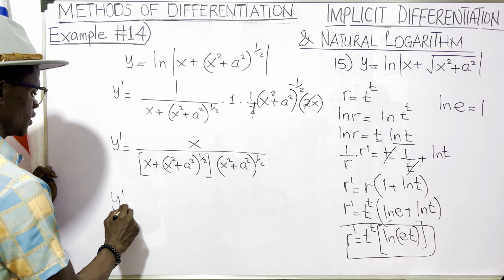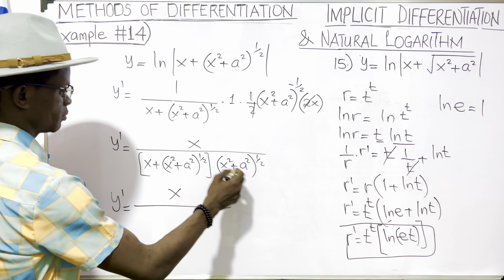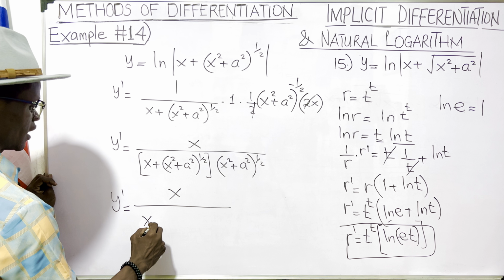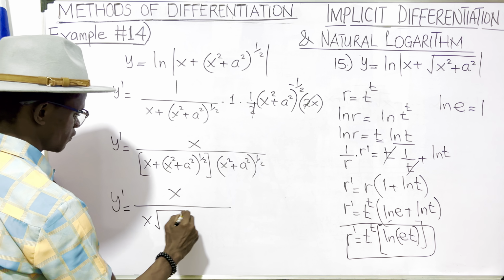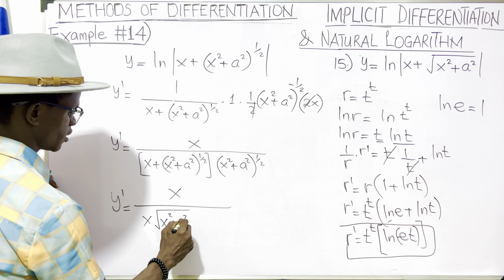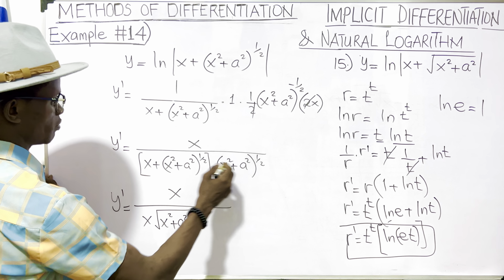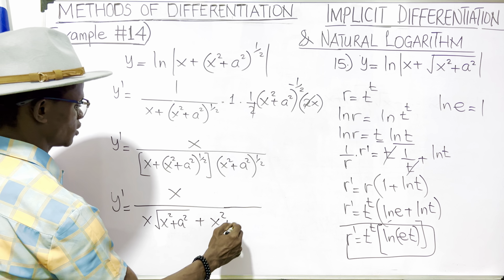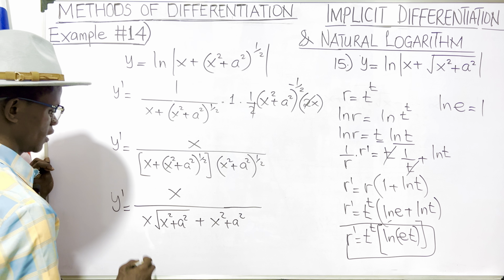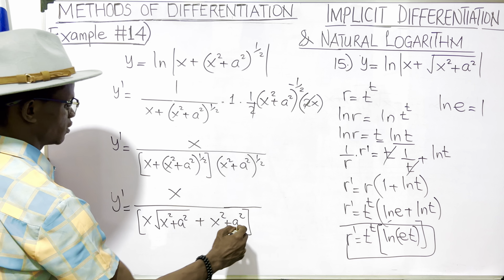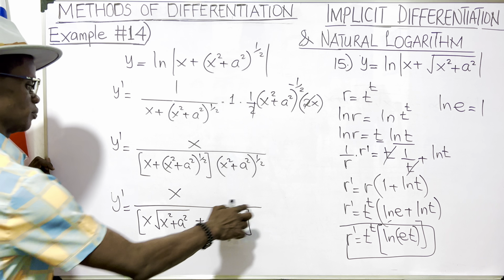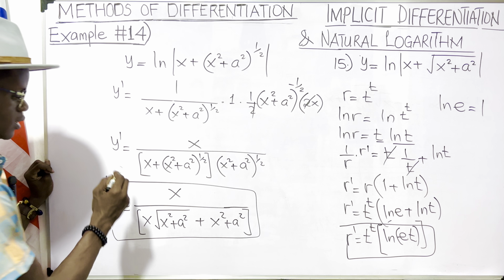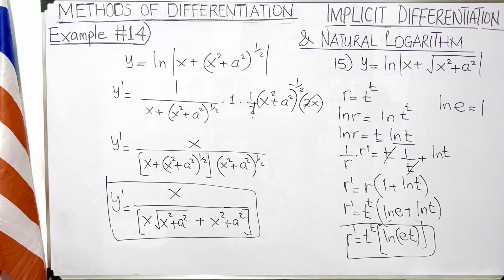So y prime is equal to x over, if we multiply, x times the root of x squared plus a squared, plus x squared plus a squared. We can just leave it as it is. So this is our final answer for that problem.